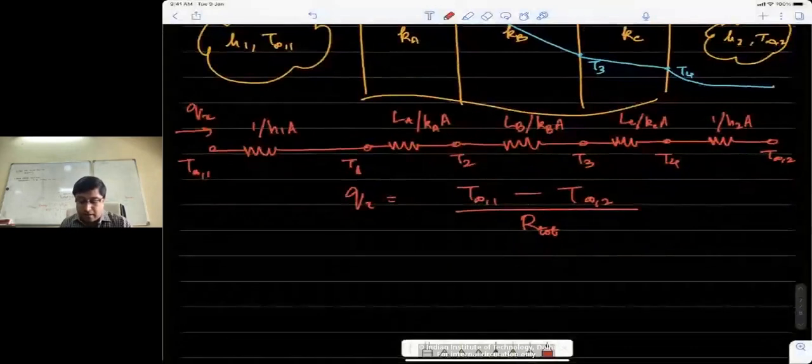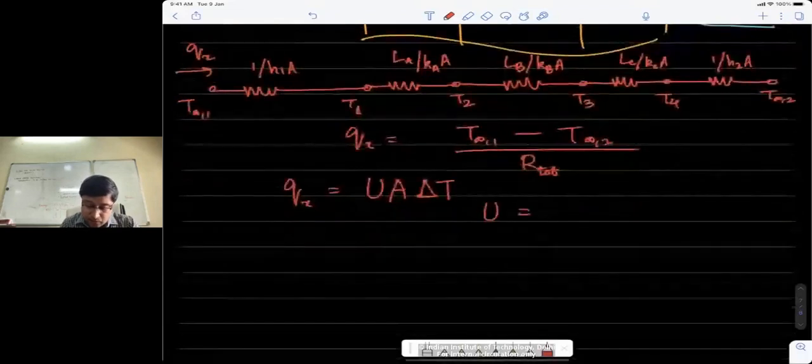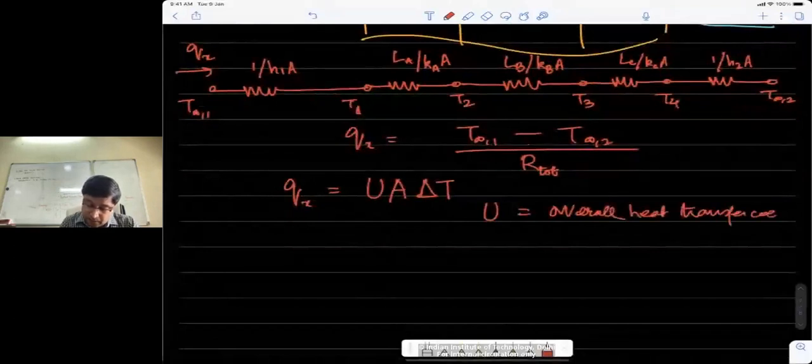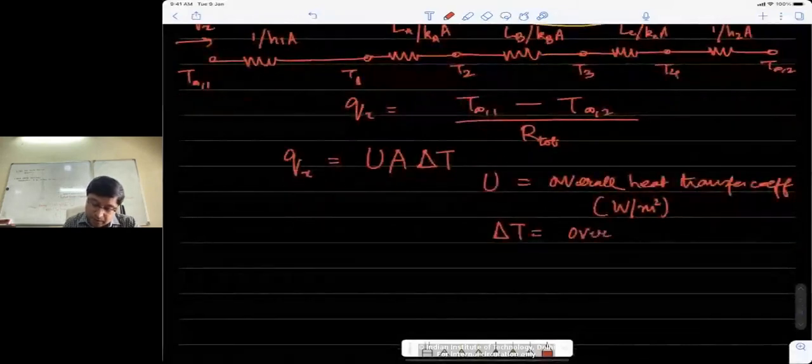The last thing that I wanted to say is that in these composite systems, it's often convenient to write the overall heat transfer rate Qx in terms of a variable which we call the overall heat transfer coefficient U. So Qx equals UA delta T. U is the overall heat transfer coefficient, which has units of watt per meter square kelvin, and delta T here is the overall temperature difference.